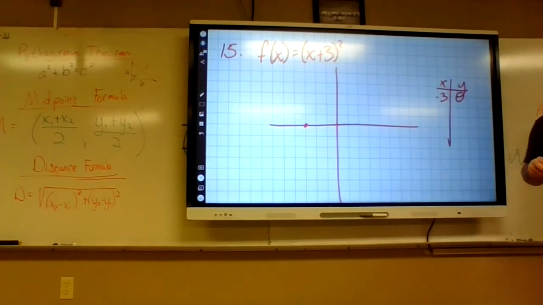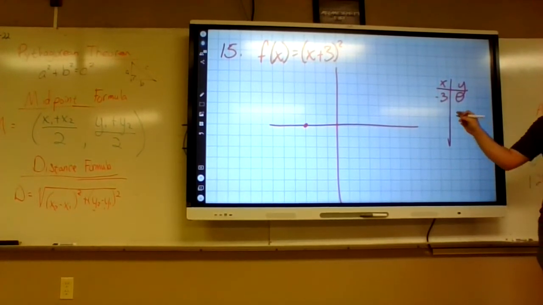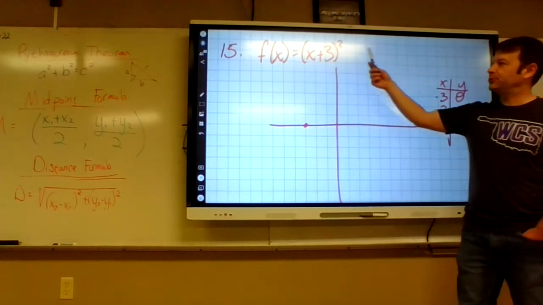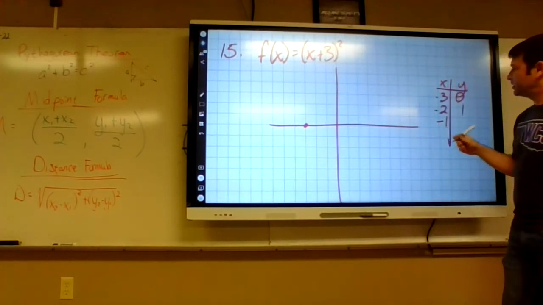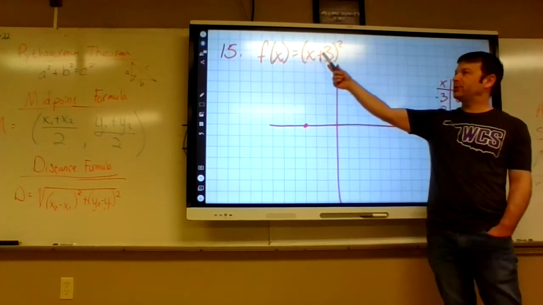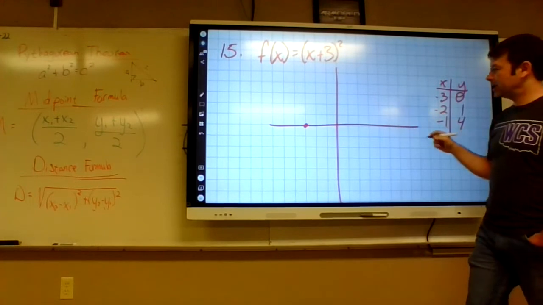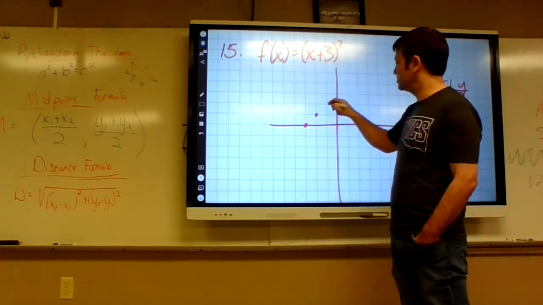What would be another good x value to plug in besides -3? -2, -1. If I plug in -2, what's -2 plus 3? 1, squared? 1. If I plug in -1, what's -1 plus 3? 2, squared? 4. So -2, 1; -1, 4; 1; 2; 3.